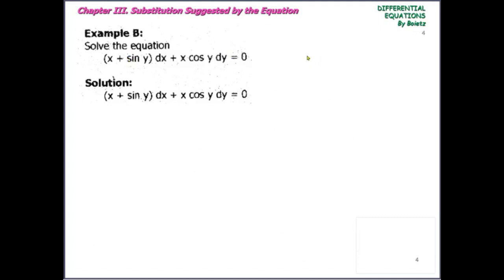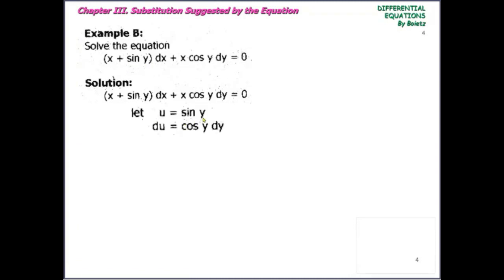The next one, check naman if it is exact equation, if it's homogeneous, linear, if you can use exact differential, pwede yun. Maybe this one, pwedeng ibang method, but the topic natin is substitution suggested by the equation. So, I will try to substitute sine y by u.